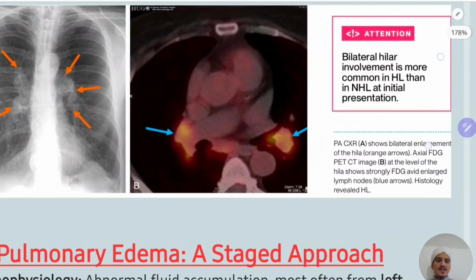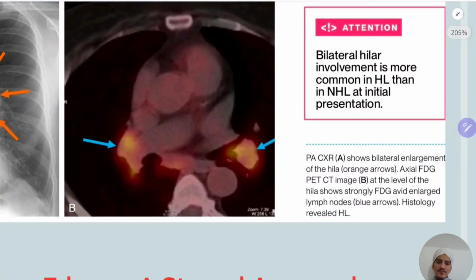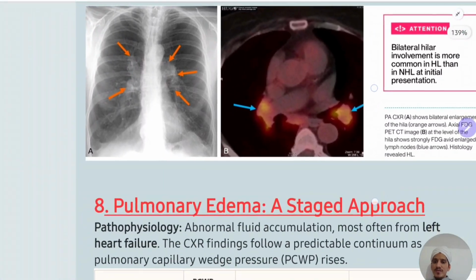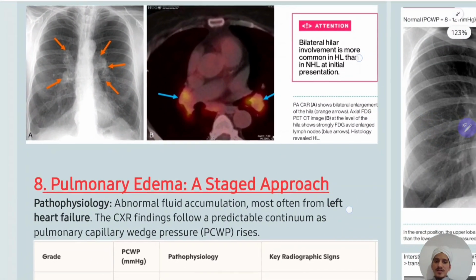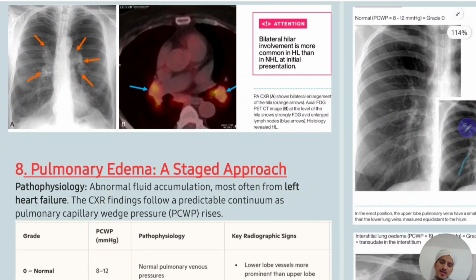Bilateral involvement is more common in Hodgkin lymphoma than in non-Hodgkin lymphoma at initial presentation. Shows bilateral enlargement of the hilar. They have done a PET CT image at the level of hilar, shows strongly FDG-avid enlarged lymph nodes. Histology revealed Hodgkin's lymphoma. So that is an important diagnosis in bilateral hilar enlargement.